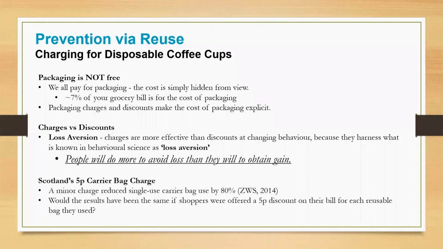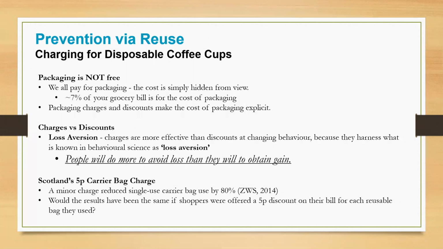So a great example of where a charge is in place is Scotland's 5p carrier bag charge, which I understand is rolled out across the UK. It's interesting to note that this is a very minor charge. 5p is, on an economic scale, very minor. And yet, in its first year of operations, it reduced single-use carrier bag use in Scotland by 80%.